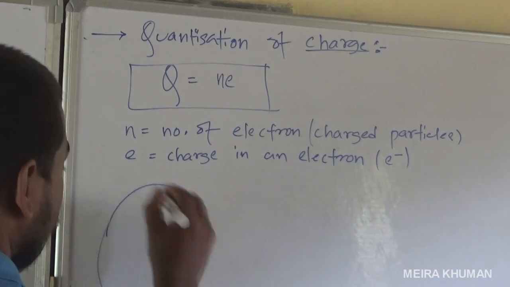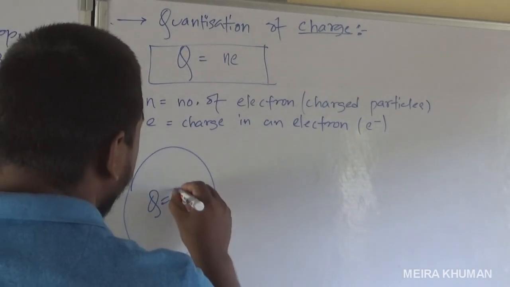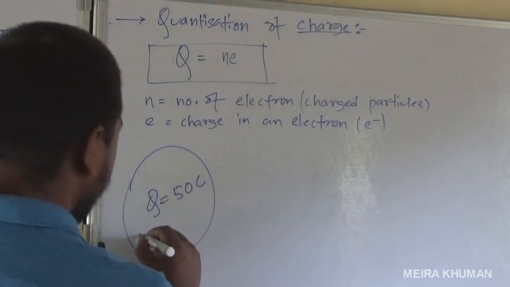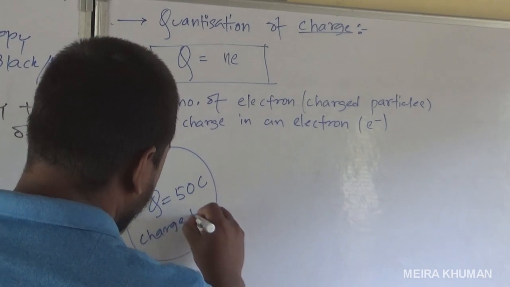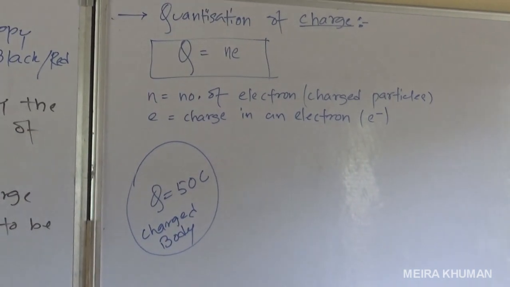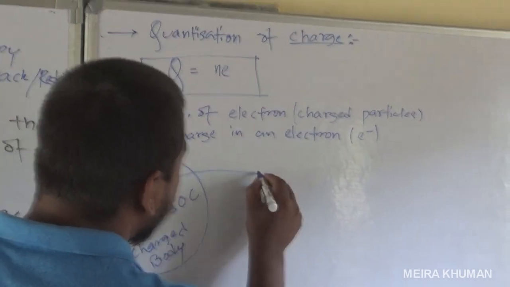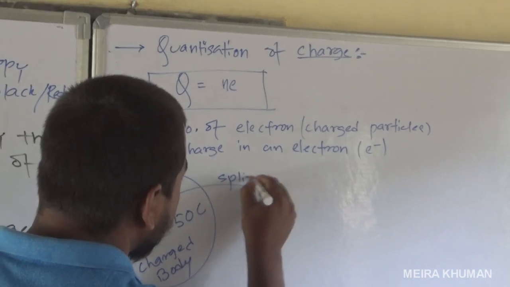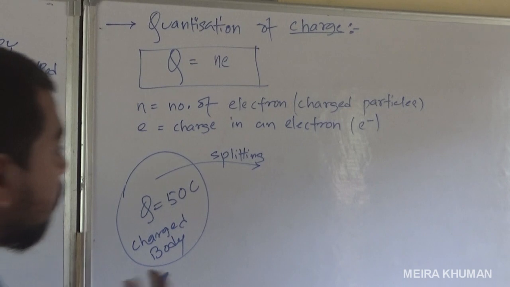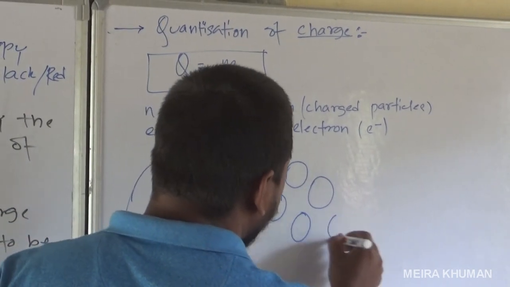Let me describe this with a simple example. Suppose this is an object, a charged body, which has a total charge Q equal to 50 coulombs. Now according to the quantization of charge, if we split that charged body into numerous particles, say there are 5 particles now.